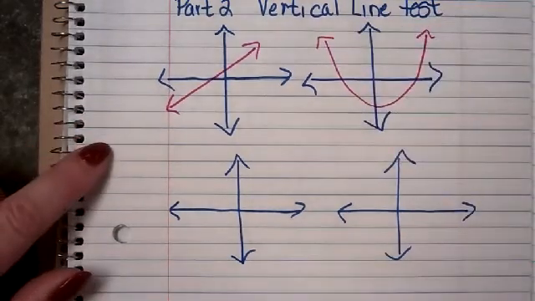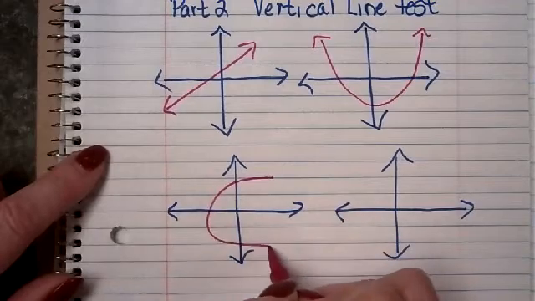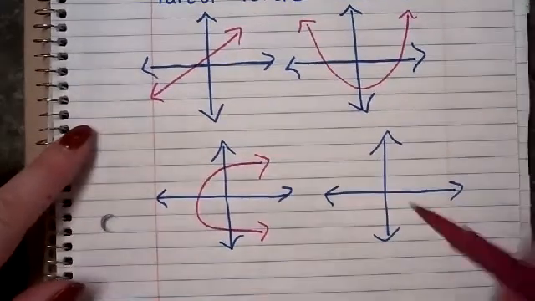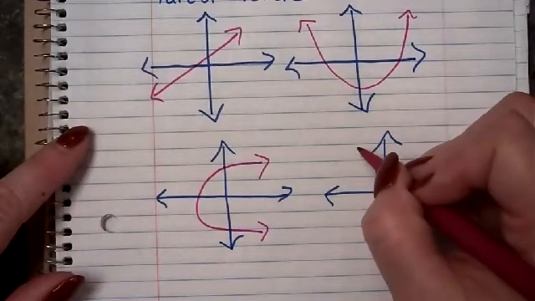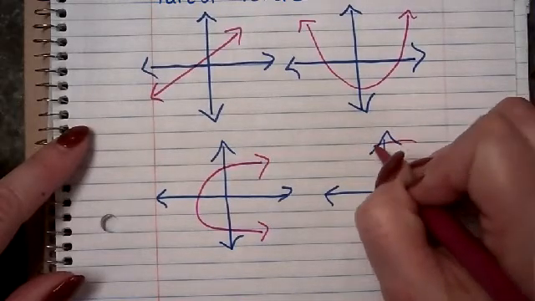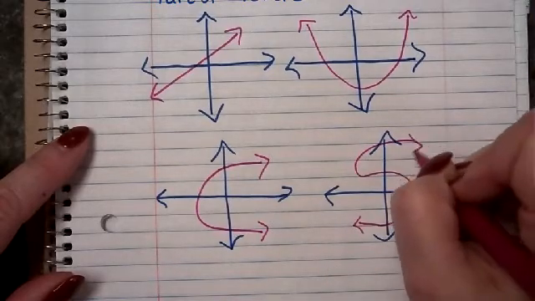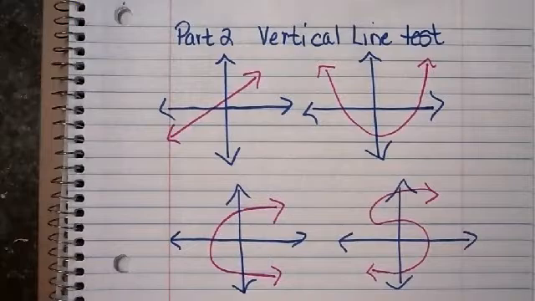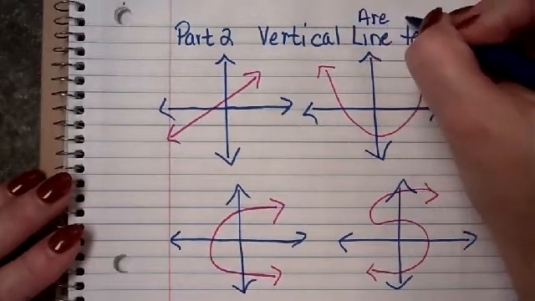Okay. What if I have something that is a C shape? And what if I had something that was almost S-shaped? Okay, they're curves, they're not lines, they're curves. Okay, so I have these 4 graphs. Now my question is, are these functions?